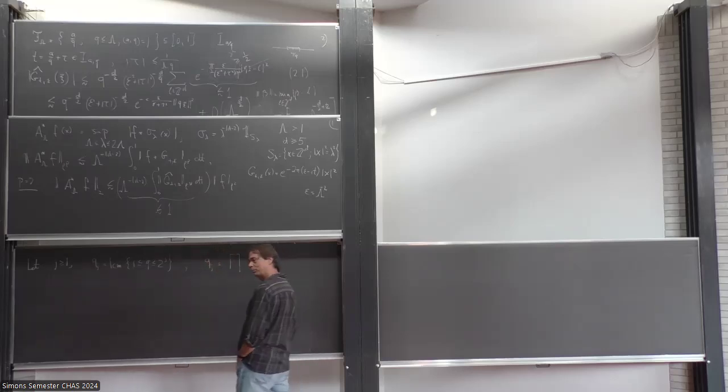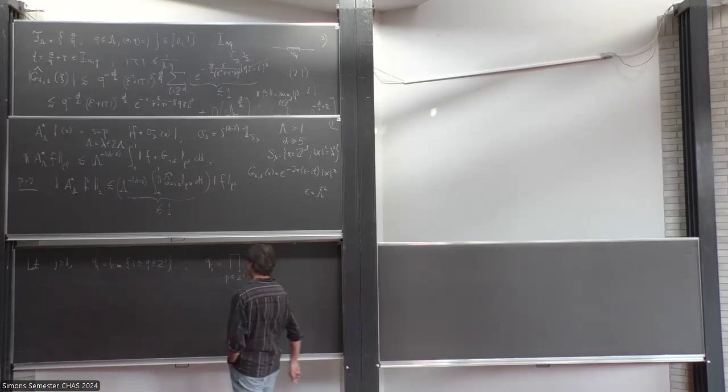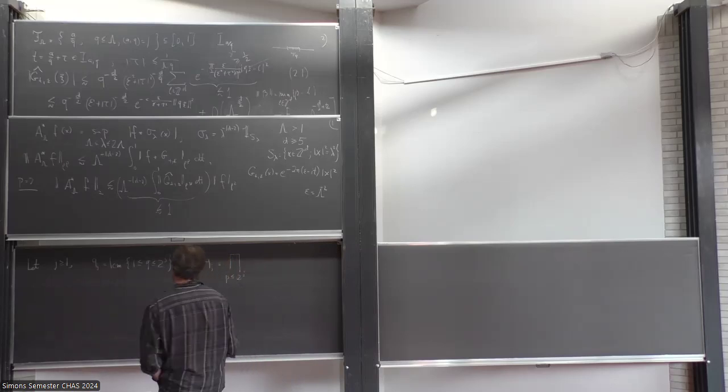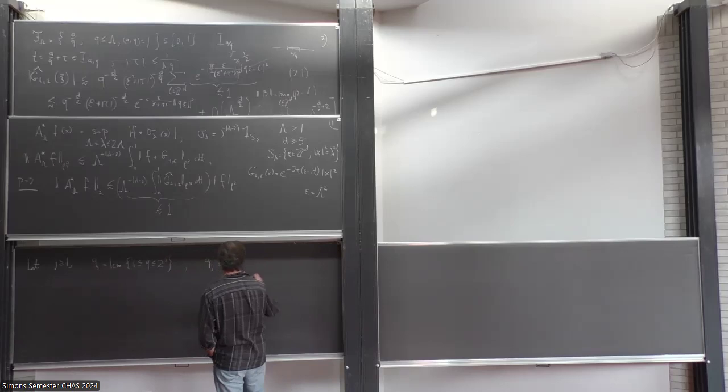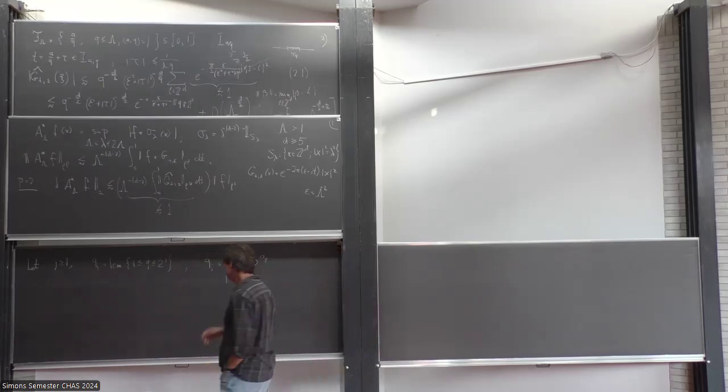Which prime can appear? Primes can appear up to 2 to the j. And then how large of a power of a prime appears here? Well, the largest power which is still less than 2 to the j. So it's p to the a sub p, where this p to the a sub p is just about 2 to the j.